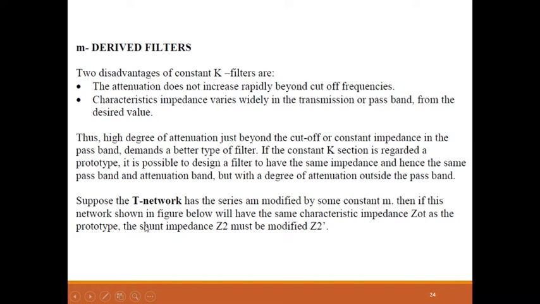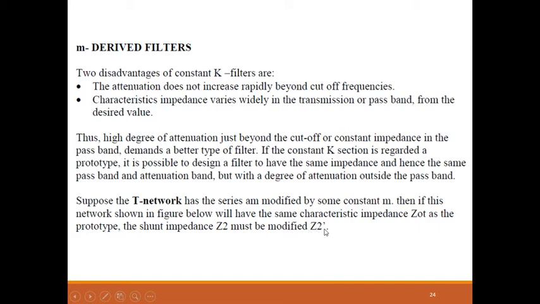Suppose we consider a T network, where the series arm or shunt arm has been modified by introducing some constant M. If this network has the same characteristic impedance, that is Z0, the shunt impedance must be modified, so Z2 is modified as Z2 dash.